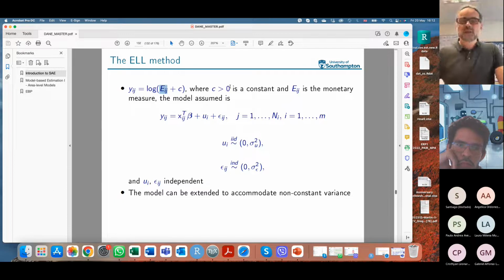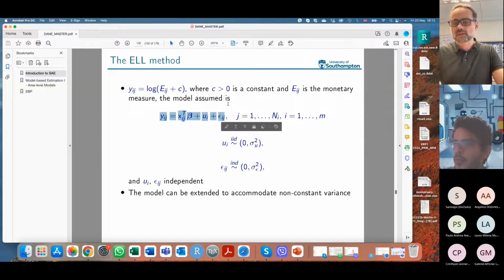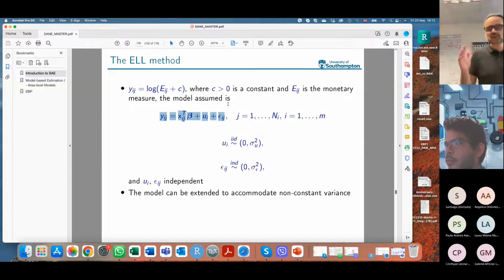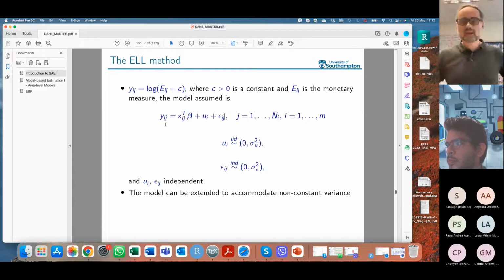Okay. And then what is assumed is that you use the Yij's to specify a model that is basically the same model as the one that we described before. Yeah, it's a two-level random effects model. So you say that Yij, which is the logarithm of Eij plus c, is equal to Xij beta plus Ui plus epsilon ij.